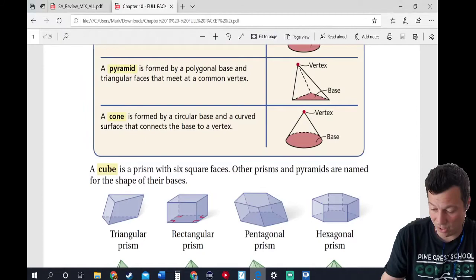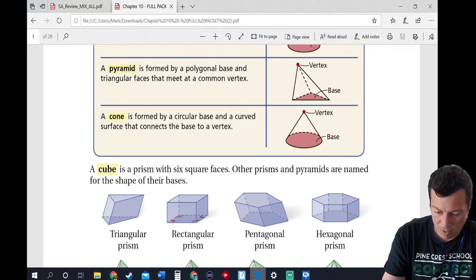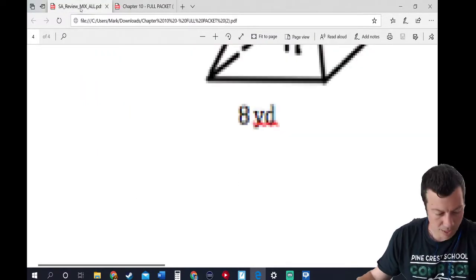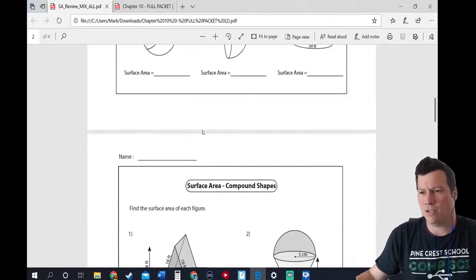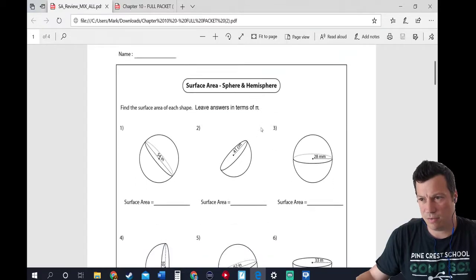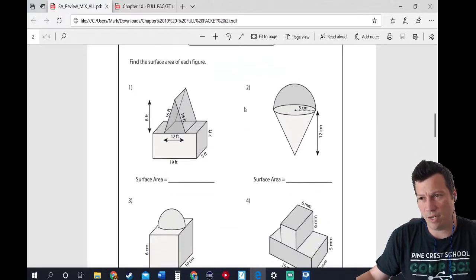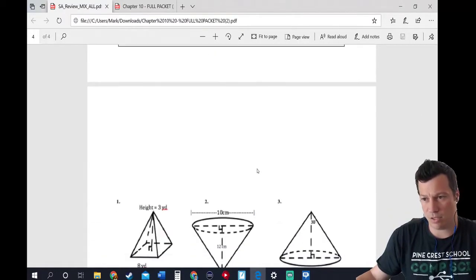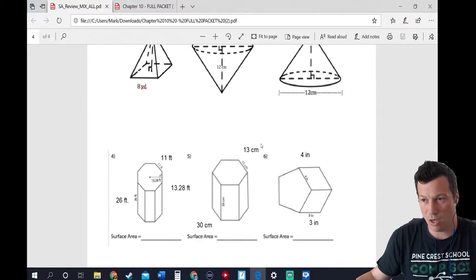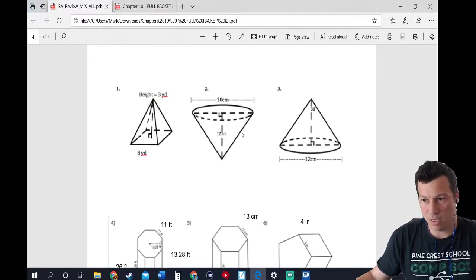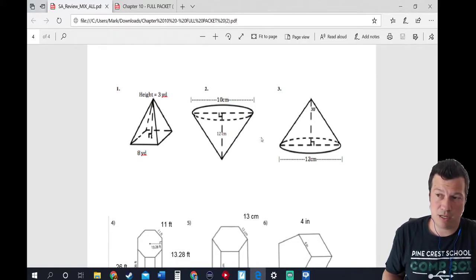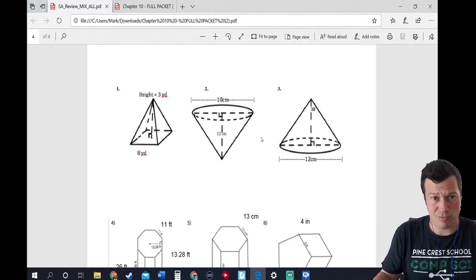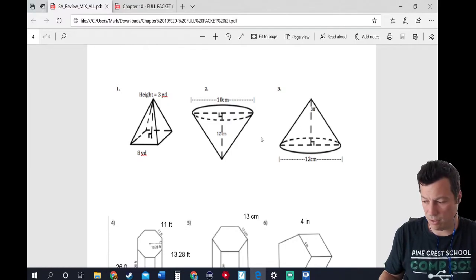That's our homework packet, but there's also this review, which covers the sphere and hemisphere, surface area of compound shapes, of prisms, and there are some pyramids and cones down here as well. Prisms, pyramids, and cones. So again, a pretty good review to look at. All the answers to those are posted, so you can check those out.